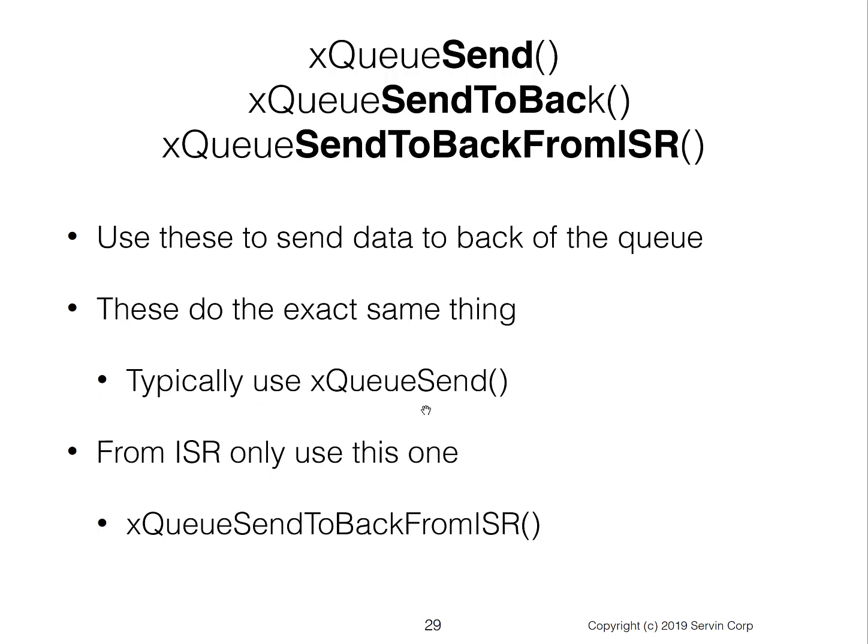Typically, you'll use xQueueSend, the more common one, but if you want to be specific, it is sending things to the back of the queue. Unless you're in an interrupt service routine, and then you'll call xQueueSendToBackFromISR.